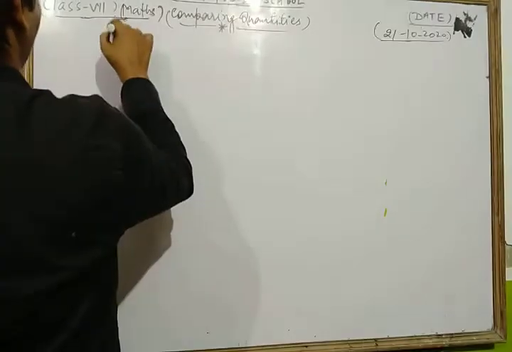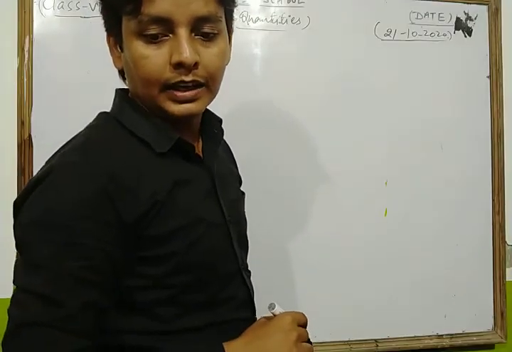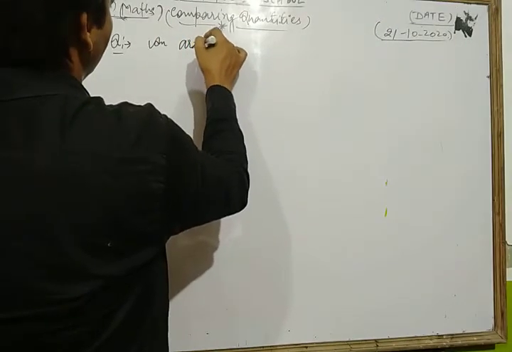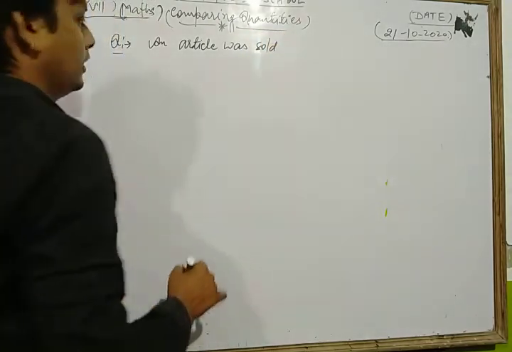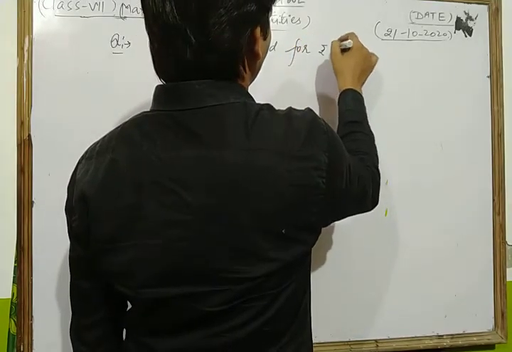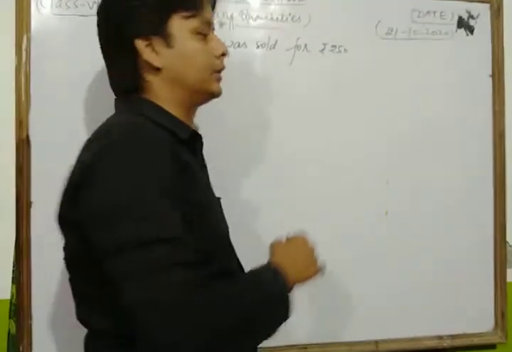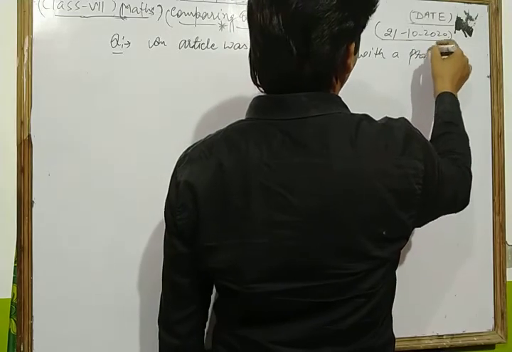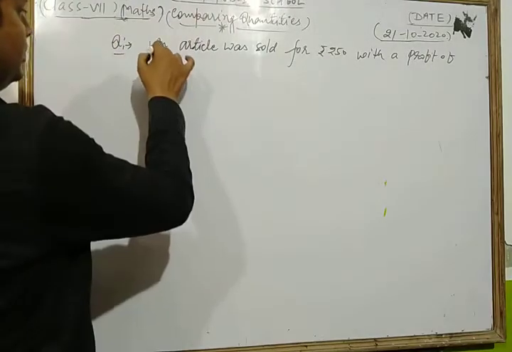Now look, we take one more question based on this topic. An article was sold for rupees 250 with a profit of 5%.